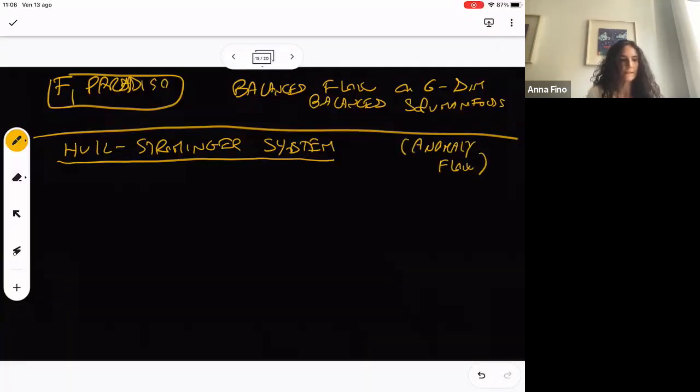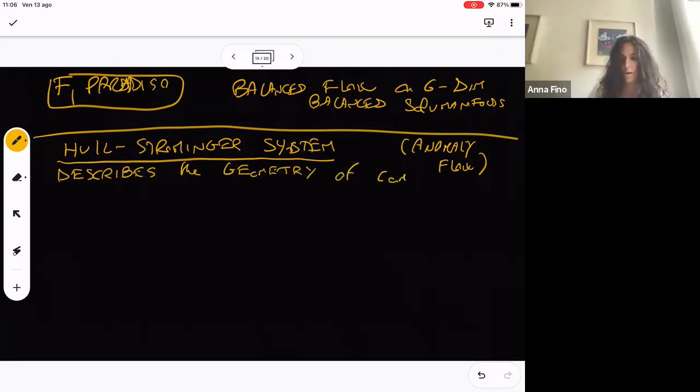And the idea of the Hall-Strominger system, let's say a few words about physics. It describes essentially the geometry of compactification.